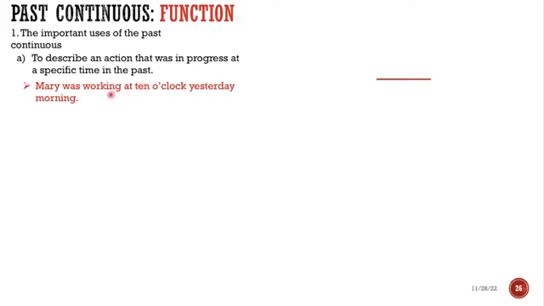This is an example: Mary was working at 10 o'clock yesterday morning. Mary is related to the working action, an action that happens at a specific time in the past.